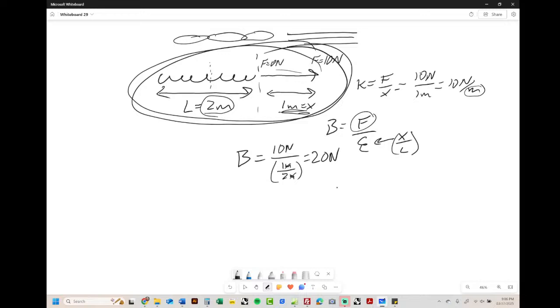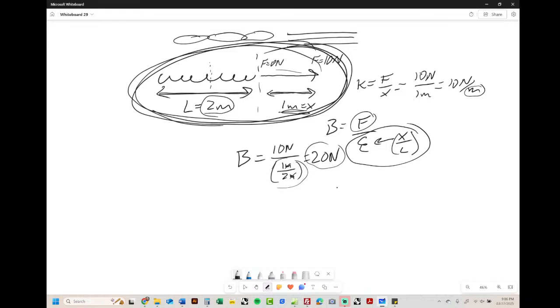But it's understood that 20 newtons is force per strain. Force per, I think of strain as the fractional increase. So if you look again at this, if we're stretching 1 meter and the whole thing was 2 to begin with, that's an increase of 50%, or this fractional increase down here is 1/2.